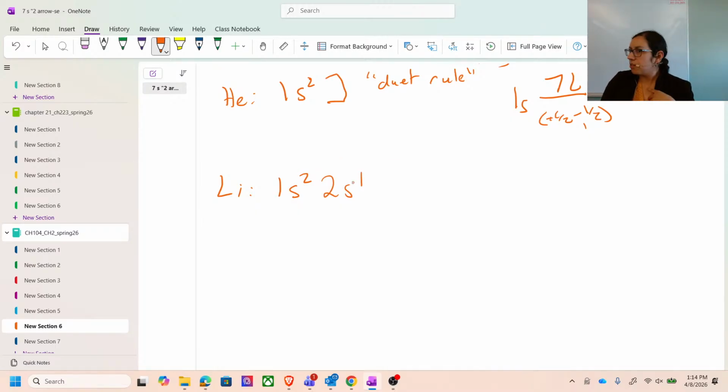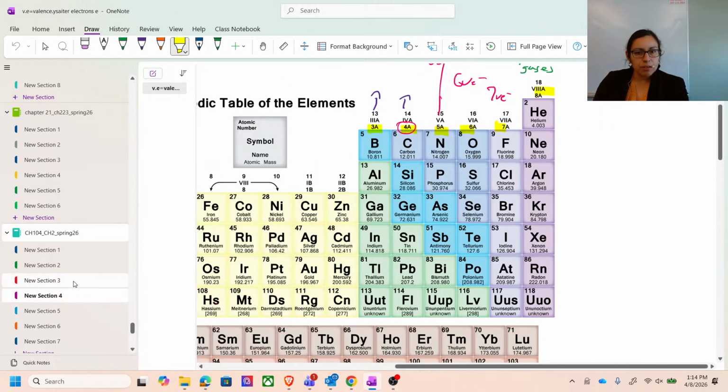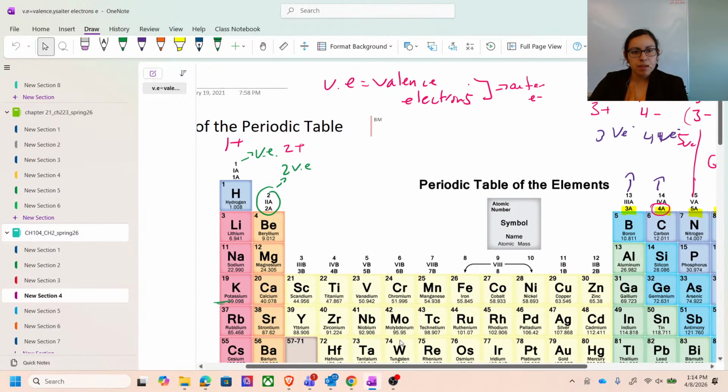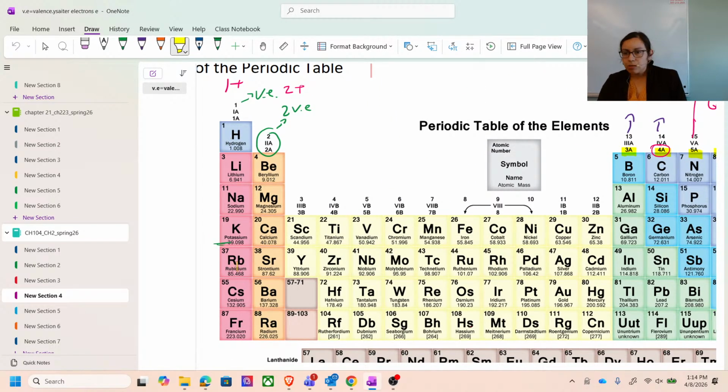And so now we can start to see the reactivity, right? And if we go back to our other notes, now we're starting to connect the pieces. So again, group 1. So now we're back at our electrons, right? So 2s1.